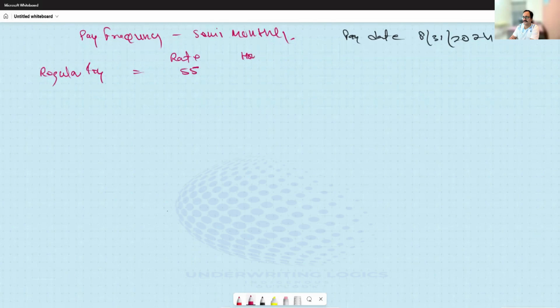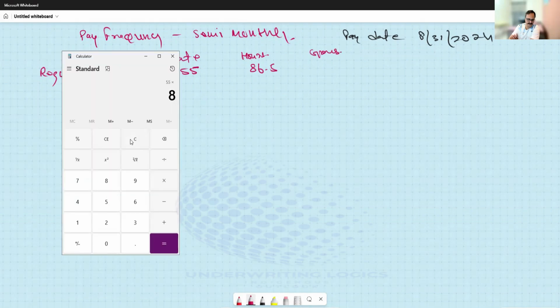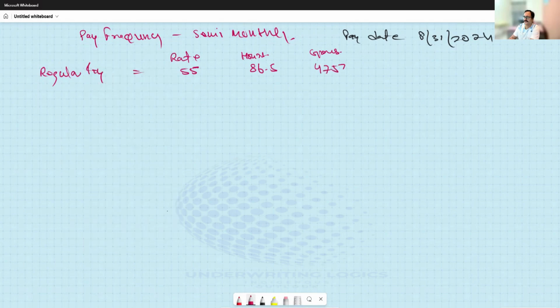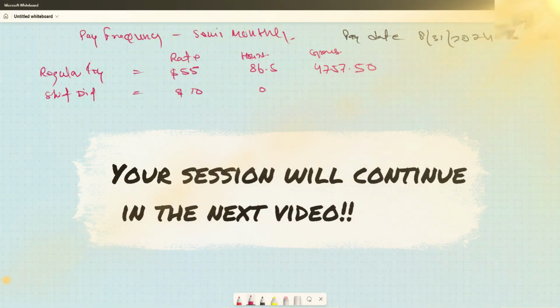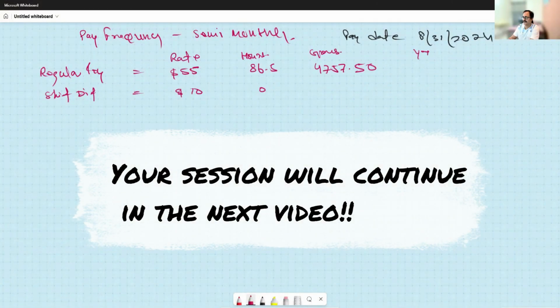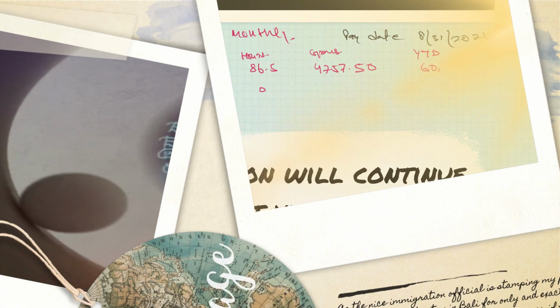Your hours worked are 86.5, and the gross earnings are 55 times 86.5, which is 4757.55. Now you have a shift differential. The rate is $10, hours 0, gross pay, and this is your year to date. Year to date income is $3,000.